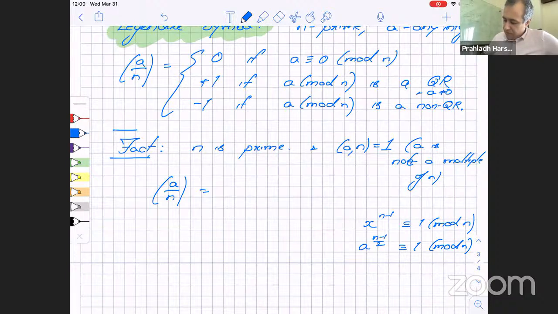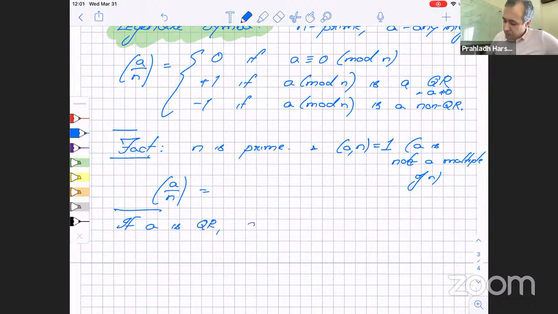So if a is a quadratic residue, a power (n-1)/2 is congruent to some x square to the power (n-1)/2, which is congruent to 1 mod n.